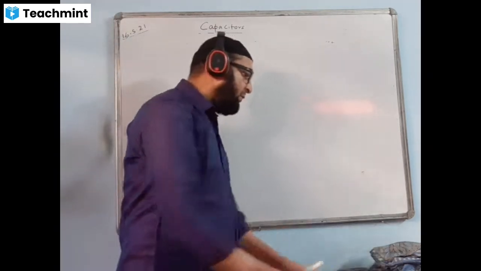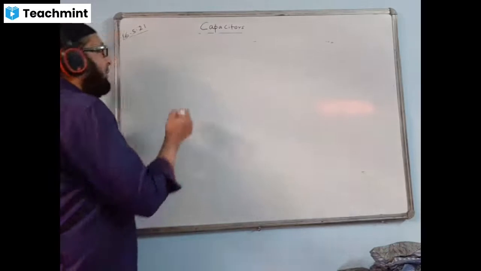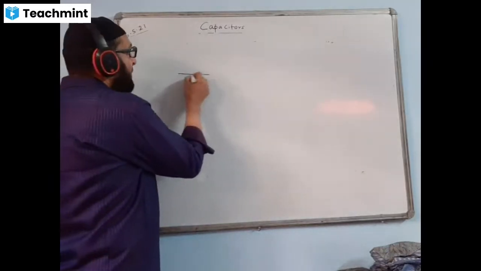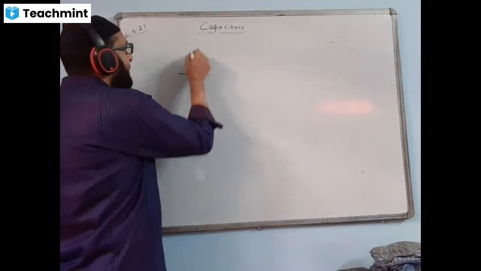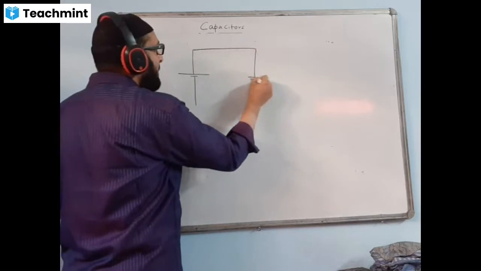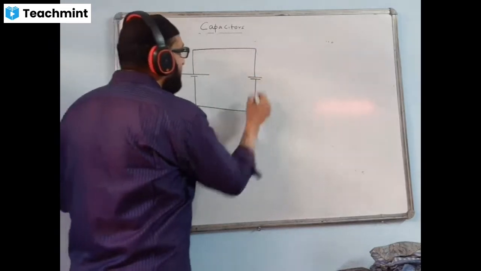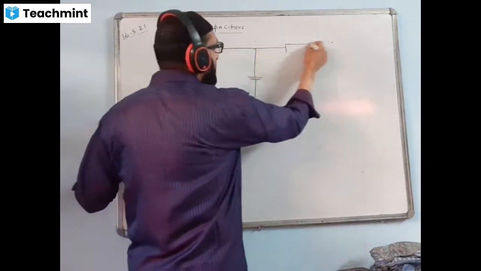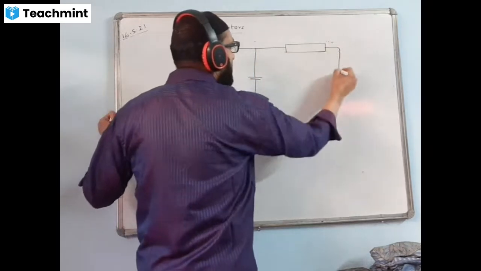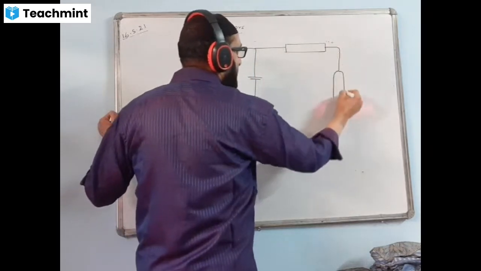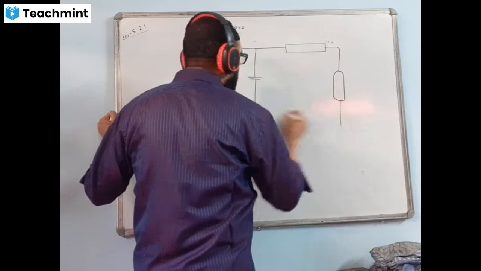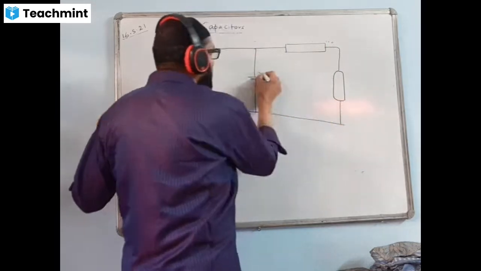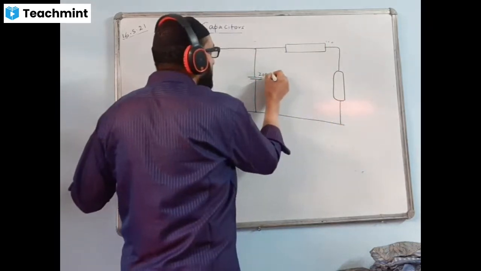Now a figure is also given. You can just draw the figure and see. They have given a figure also here. The circuit is given. This is the 2000 microfarad capacitor, the 1.5 volt cell.